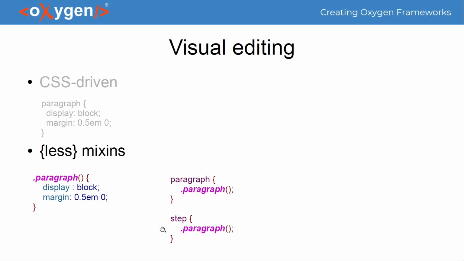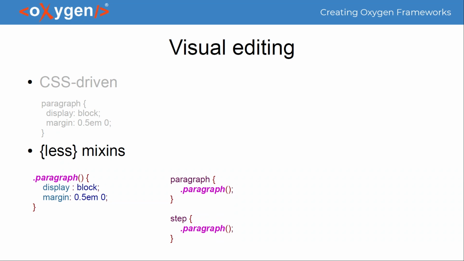Later on, if I decide that another element, the step element, needs to be rendered in a similar way, I call the same mixin. So it's kind of reuse for CSS. If you understand the importance of reuse, you can also understand how this helps us for writing CSS.